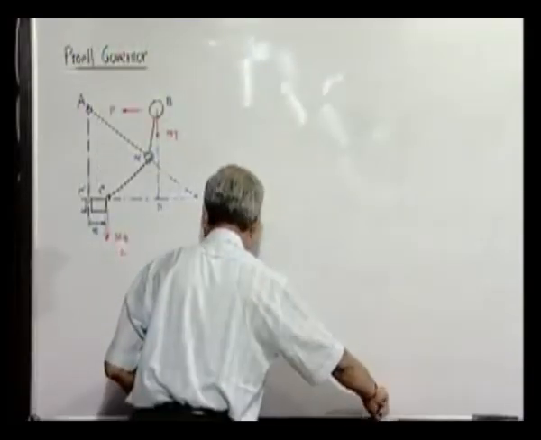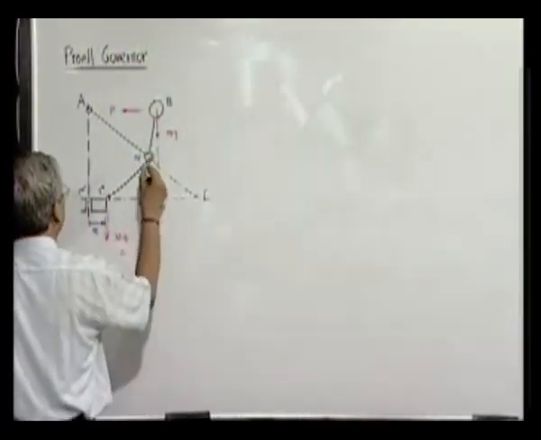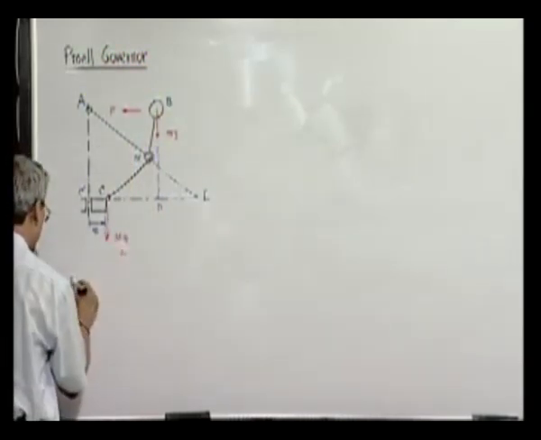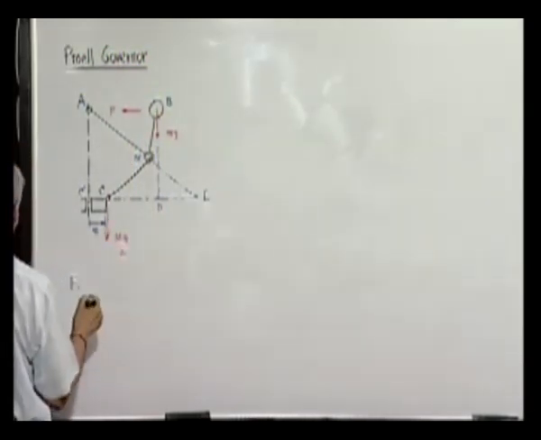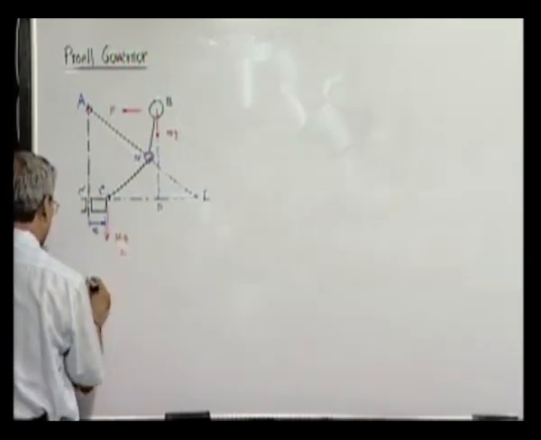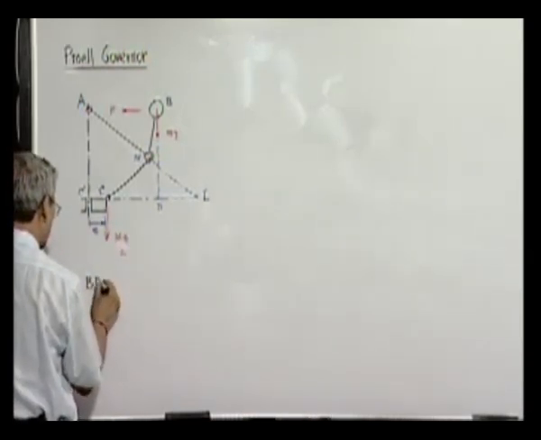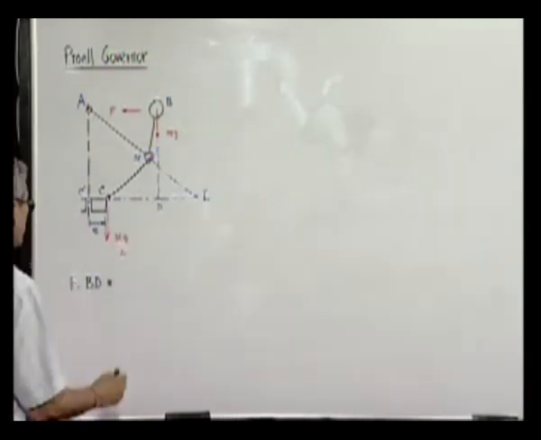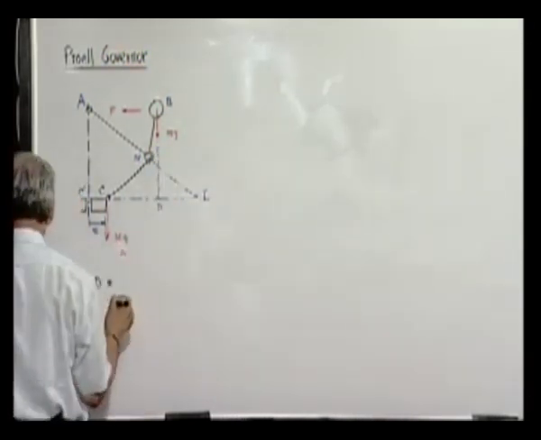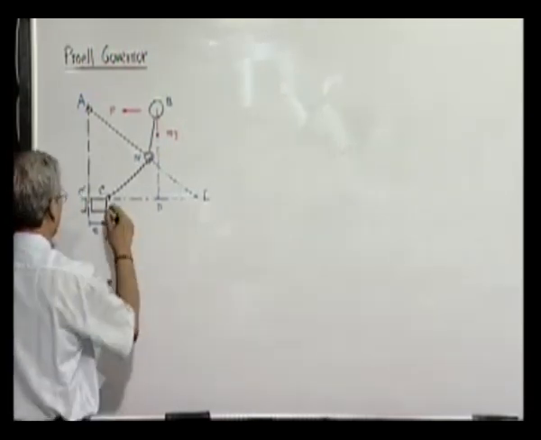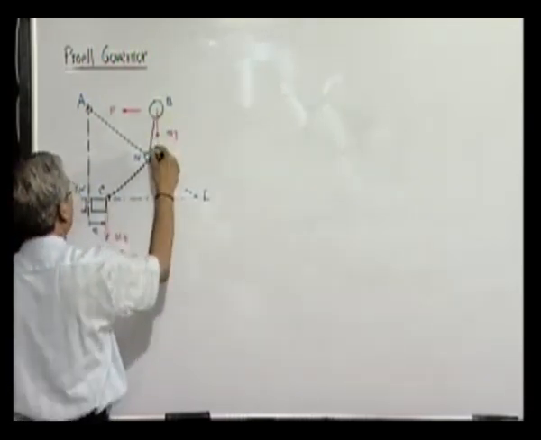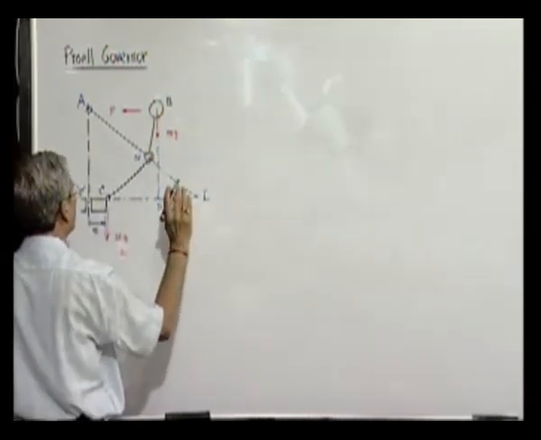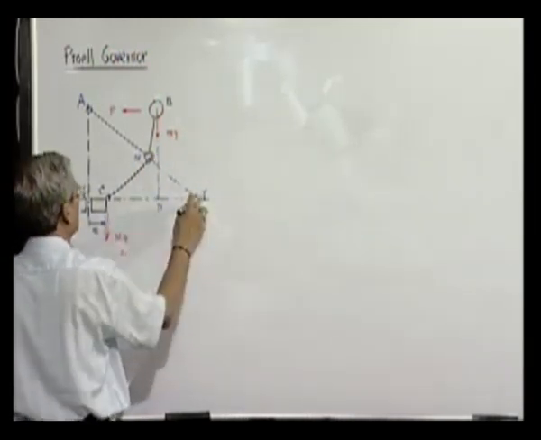So here in this particular case, if we take the moment of this representative force F about I, it is F into BD. BD is the perpendicular distance from the point I. This must be equal to the moment of the actual forces. If you consider the whole system here, then any force acting here will pass through this, its moment will be 0, but these two forces' moments you can take.